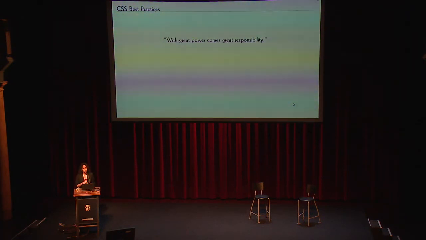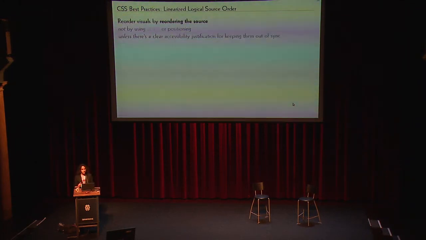So I'm going to take this opportunity to go over some CSS best practices. They're different from the ones you're going to hear about next. Those are about style selection and things like that. This is about layout. As we heard before, with great power comes great responsibility.